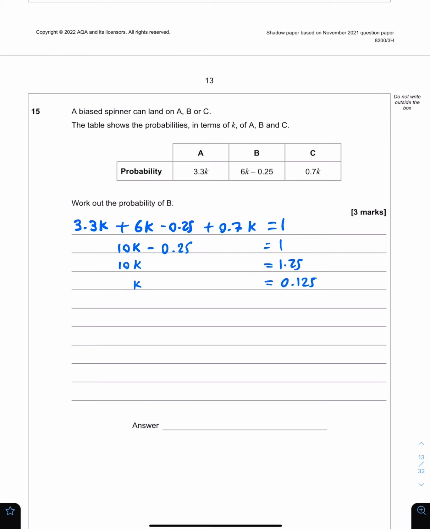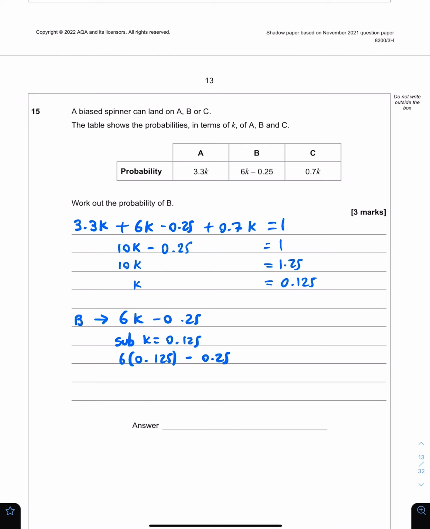And it says specifically work out the probability of B. Well, if B is equal to 6K minus 0.25, if I substitute K equals 0.125, we get 6 lots of 0.125 minus 0.25.